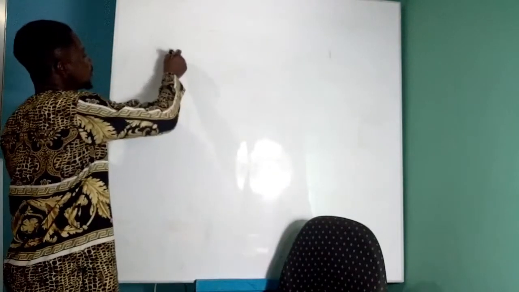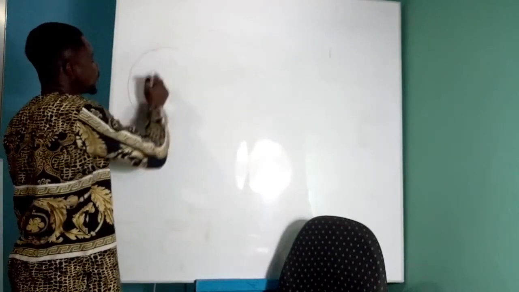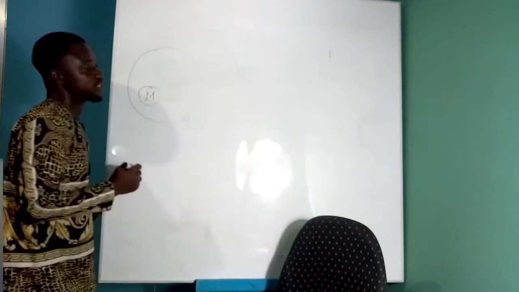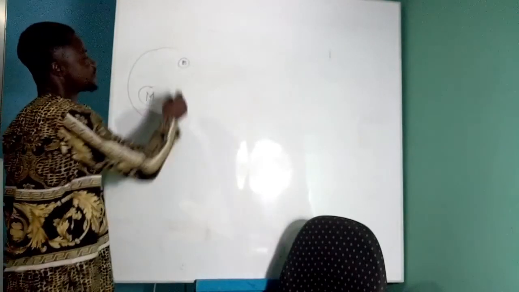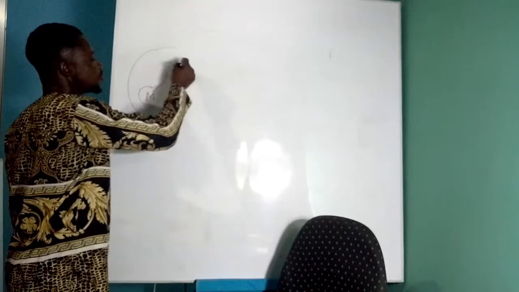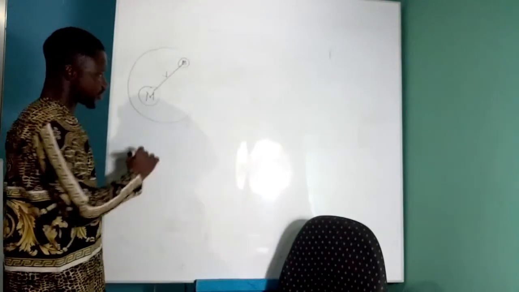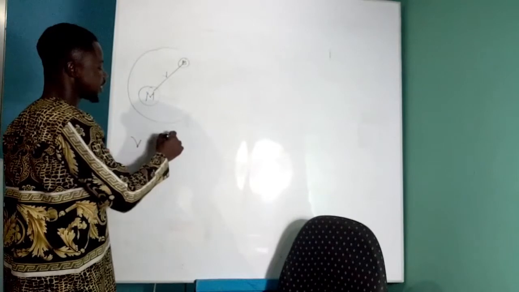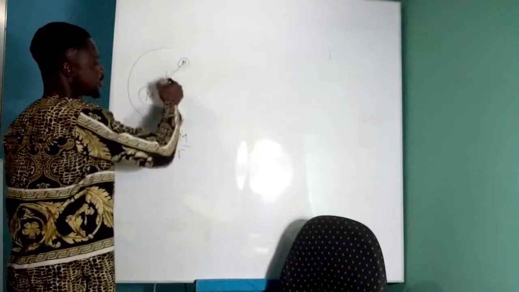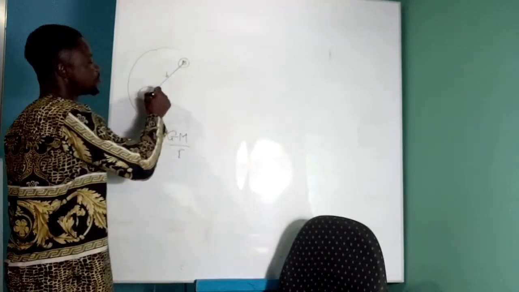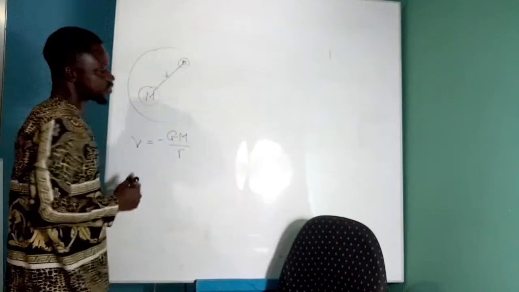Let me illustrate this on the board so that you can get the mathematical relation for it. For instance, let us consider a gravitational field created by this mass, capital M. Another mass, small m, is inside this field already, so that there's a gravitational potential between them. Last week, we saw that this gravitational potential is given by negative GM over R, where R is the distance between them. So let V1 be the gravitational potential between the two masses.